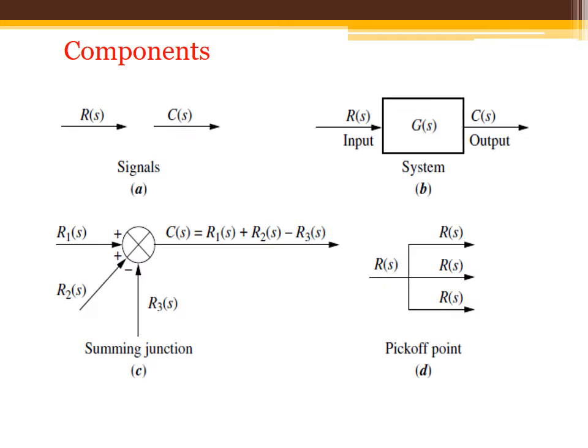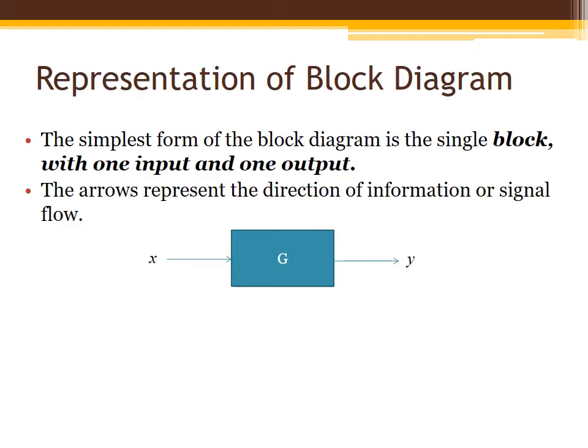R1, R2, R3 are inputs for the summing point, and the output of the summing point is the algebraic sum of the inputs. The fourth one is the pick off point or take off point. In the take off point, the same input signal is given to different points. Now we'll see one by one in detail.